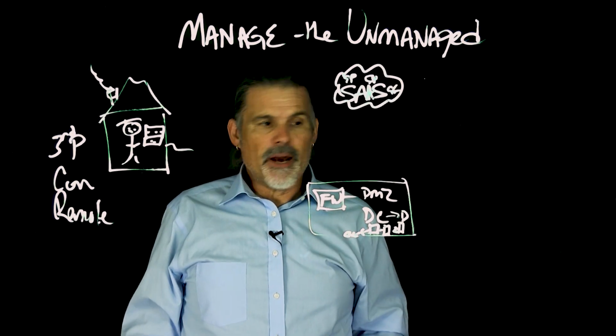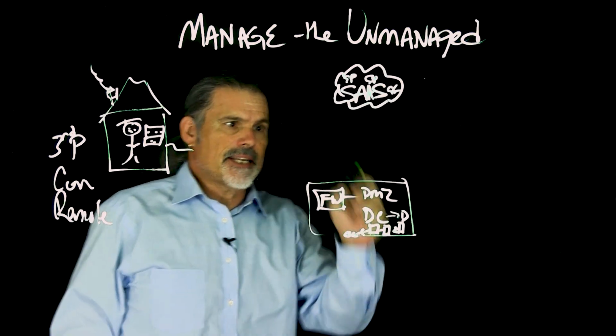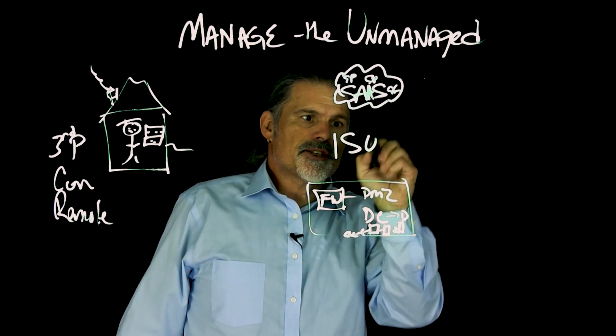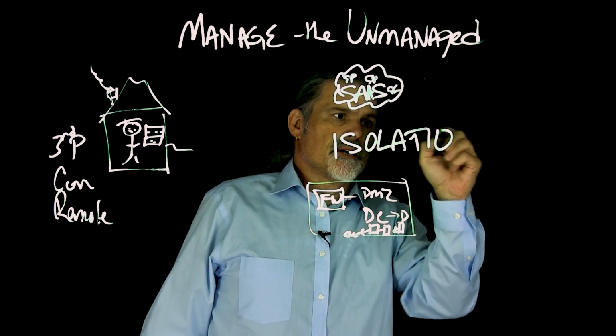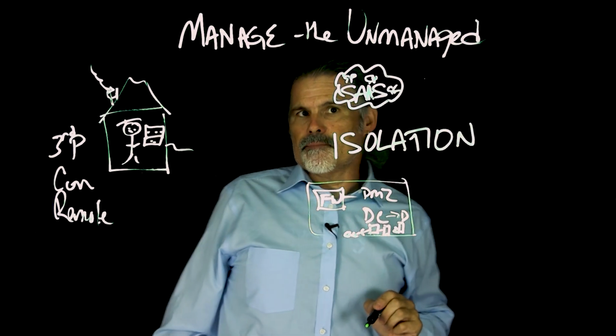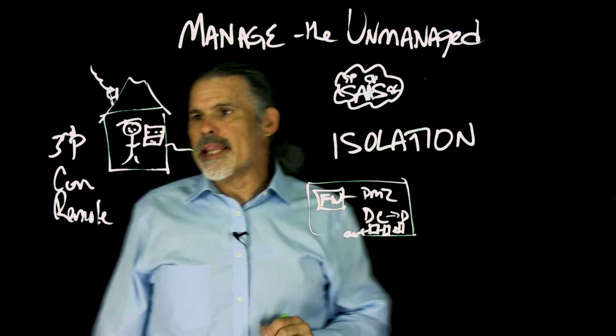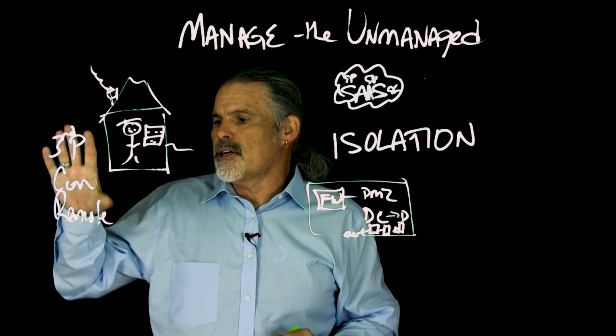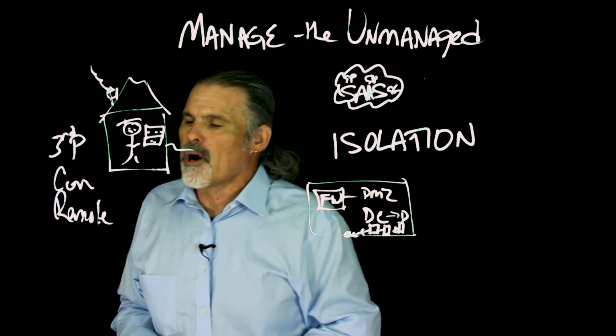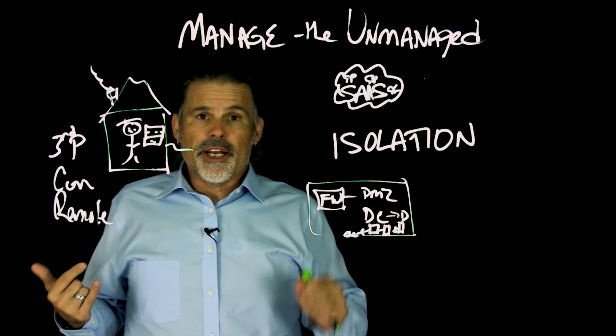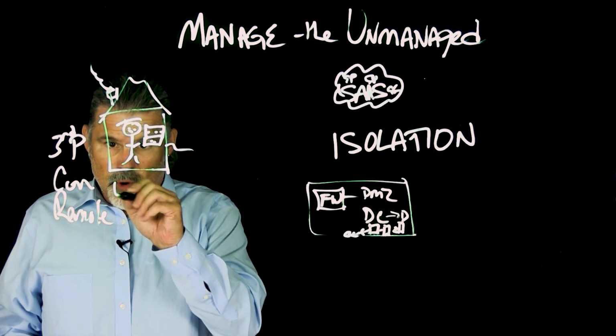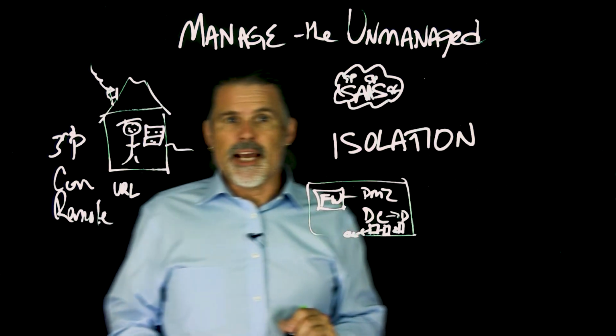Well, how about if we toss out this idea of isolation? So, what we can do in this instance, so your contractors, your remote users, your third-party suppliers, you can send them a URL to authenticate to.